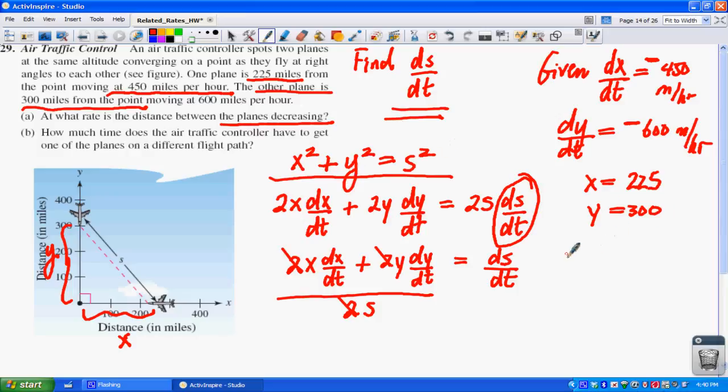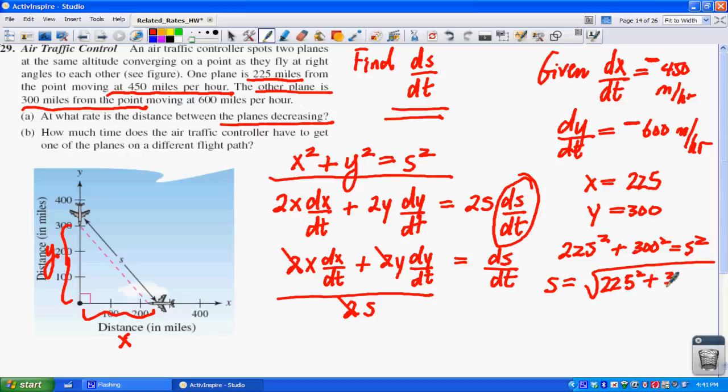This is where the calculator comes in handy. We have 225 squared plus 300 squared equals s squared. Then to find s, you have to take the square root of all of that.